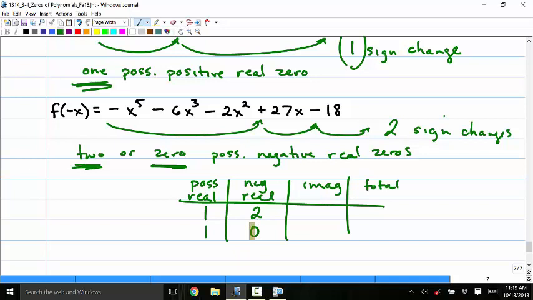What's the total? 5. So we either need 2 imaginary or 4 imaginary. 1 real positive plus 2 real negative plus 2 imaginary would give you 5 zeros.